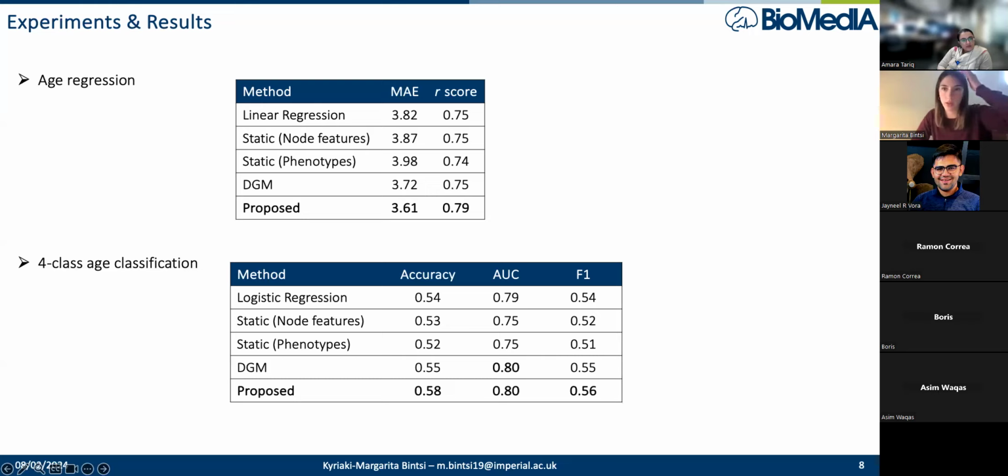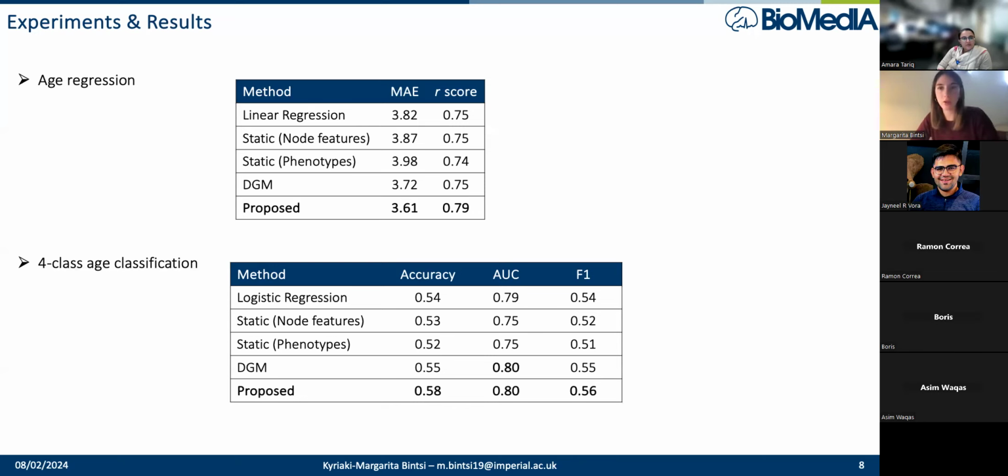It is also adaptive graph learning, but it only uses the imaging information, not the non-imaging one, and it's not interpretable. So as we can see here, for the regression task, we have the mean absolute error, and our proposed approach outperforms all of the others, the baselines and the state-of-the-art.